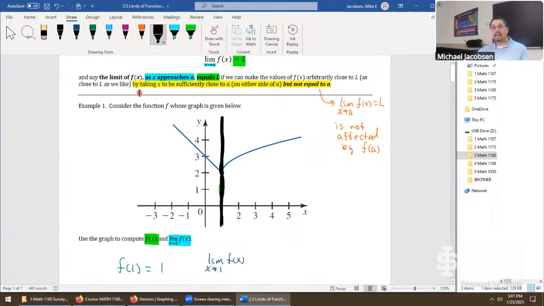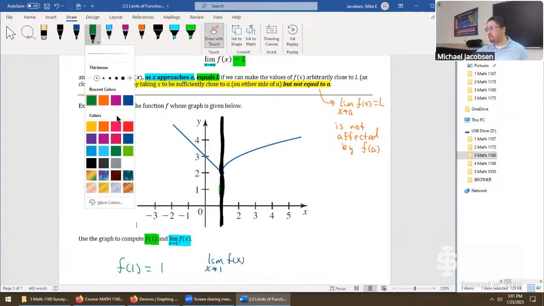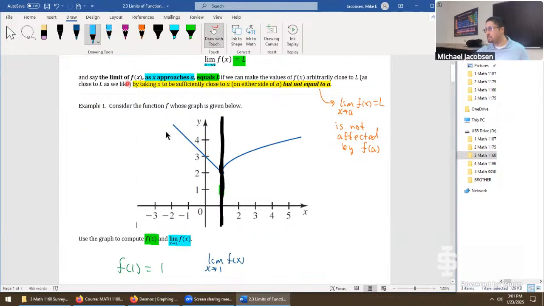We want to take x closer and closer to 1 and see what the function values are, the height of the curve in blue, as x gets closer and closer to that value. Let's use this pen just to emphasize these values. As x tends towards 1, there are 2 directions you have to approach from.